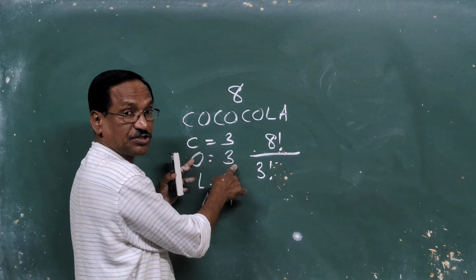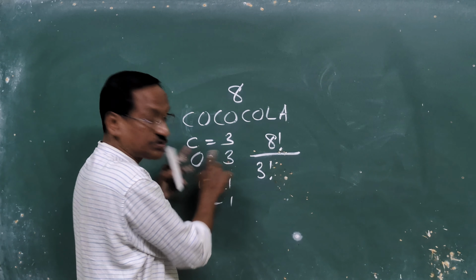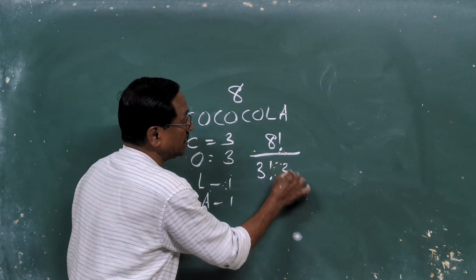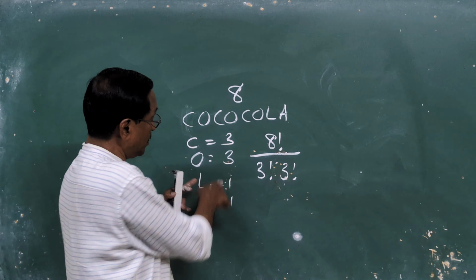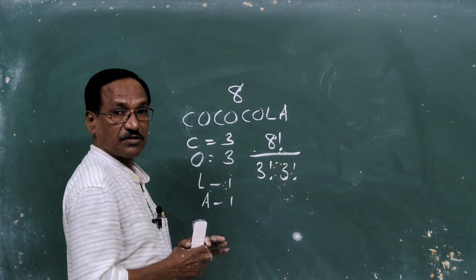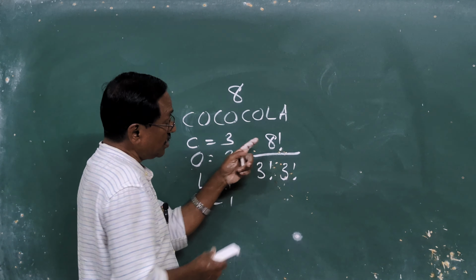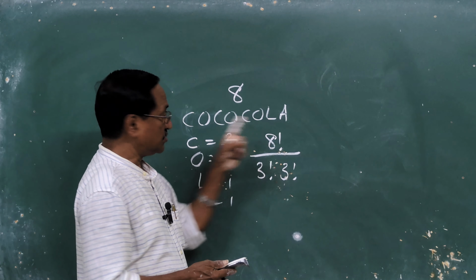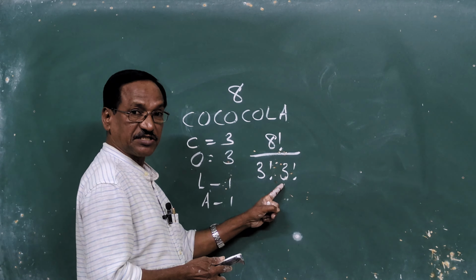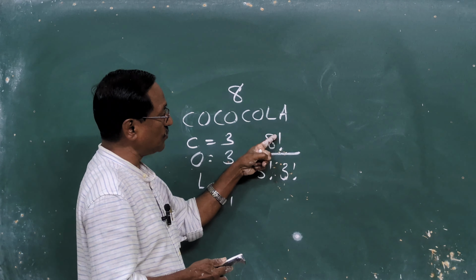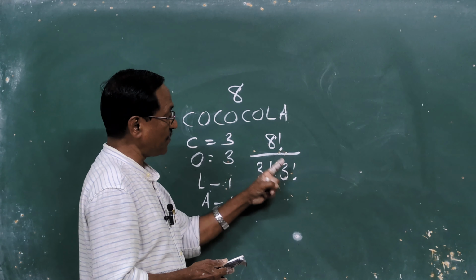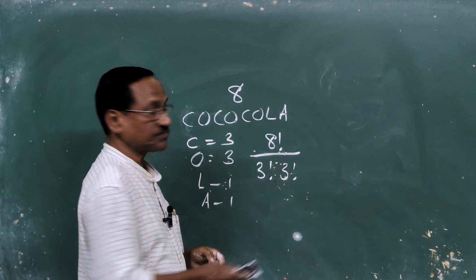Again, one more repetition of O. That number also is 3. So we divide this by 3 factorial also. The other two are not repeated, so we can leave those. So here, out of the 8 letters, 3 letters are the same, 3 other letters are the same. Then the number of arrangements equal to 8 factorial divided by 3 factorial into 3 factorial.